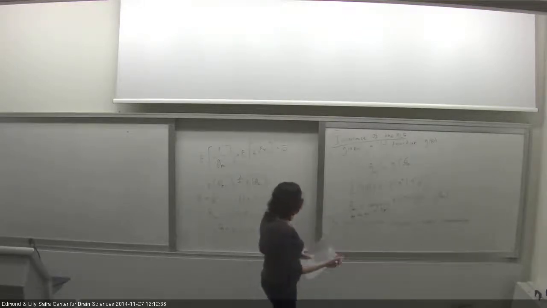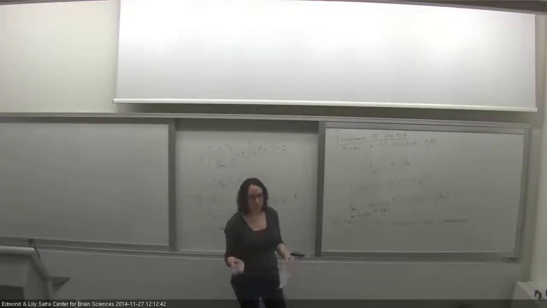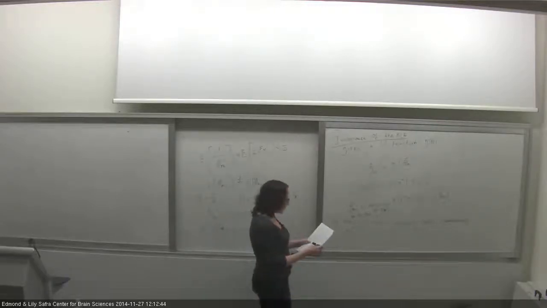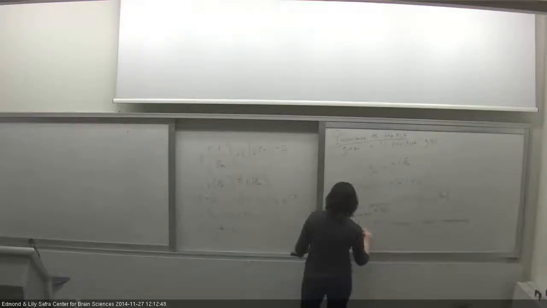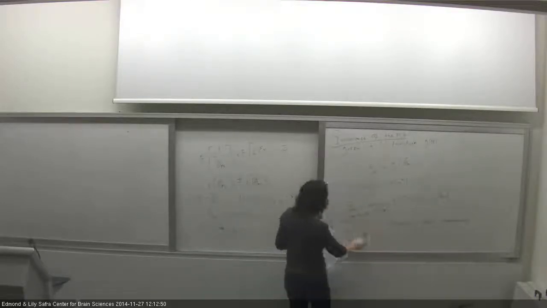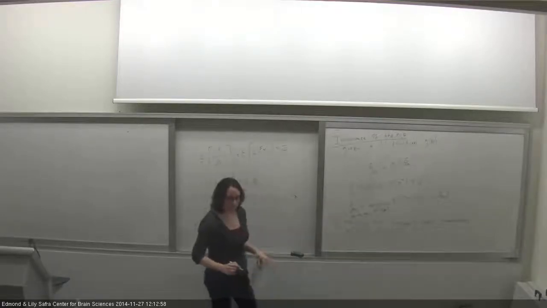Because in general, if you have some random variable x which is not constant and a general function g which is nonlinear, then the expectation of g(x), which is also a random variable, is not g of the expectation of x. Okay? If g is not linear.